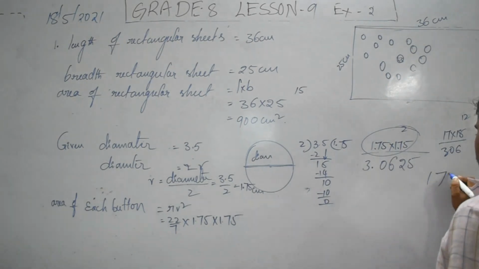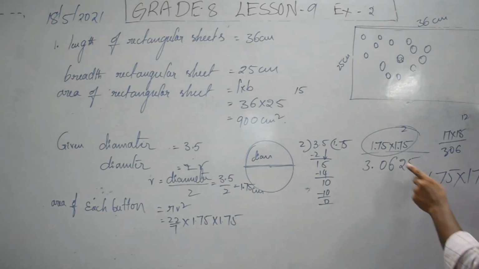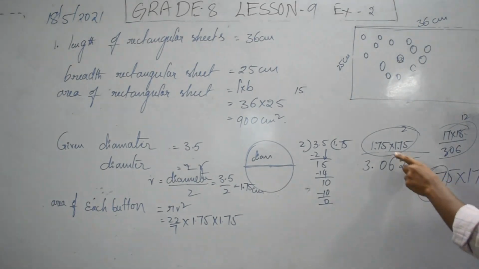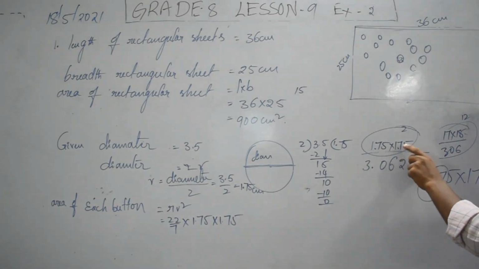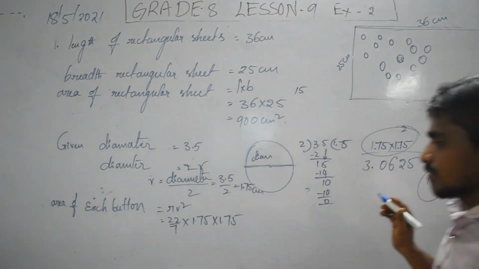Like 1.75, 1.75. Both sides, ones place 5. So 17, after number 18. So these both are multiplied: 306, 5 5s are 25. So here point after two numbers, point after two numbers: 3.0625.